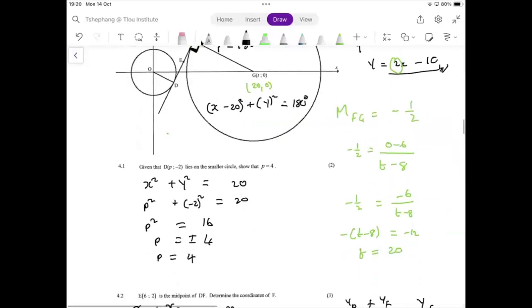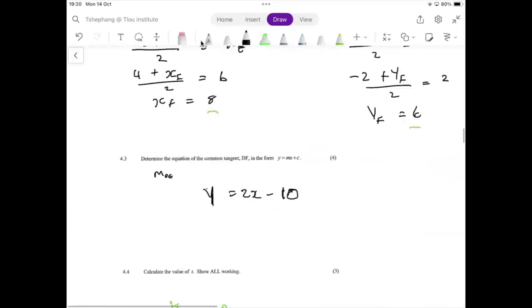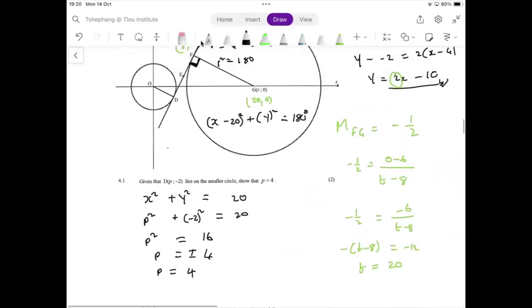Right, now that's not the form that they asked. They wanted it as x squared plus bx, which is perfectly fine because we just need to FOIL that out. So x squared minus 40x plus 20 squared, that will give us, I think it's 400. And then plus y squared is equal to 180.